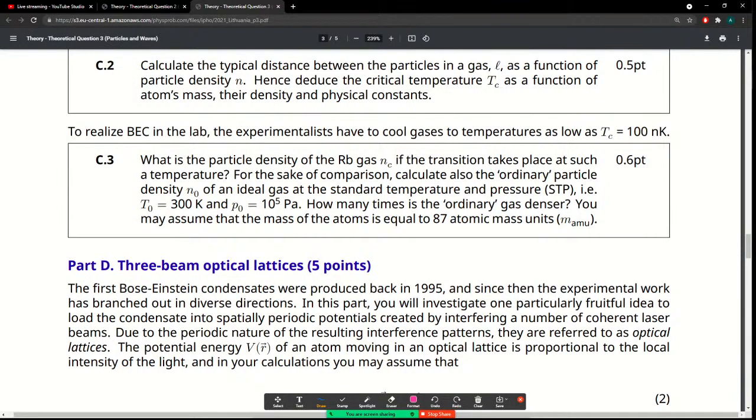You may assume that the mass of the atoms is equal to 87 atomic mass units. So this is just putting in values. Yeah, like the ideal gas law versus what you got in C2. Okay, then we can just go to part D.